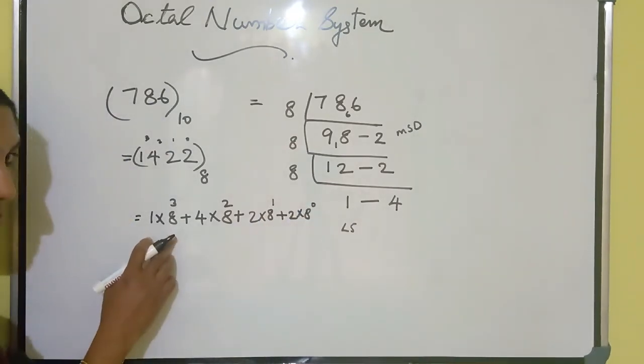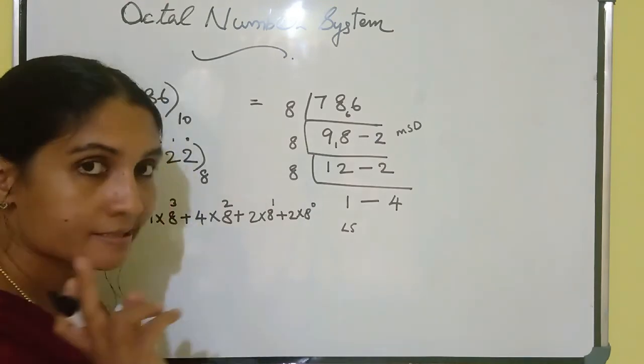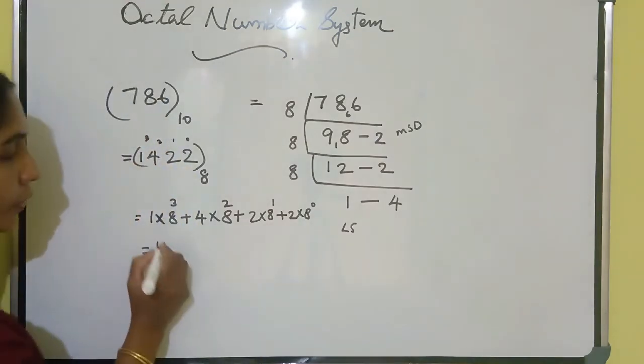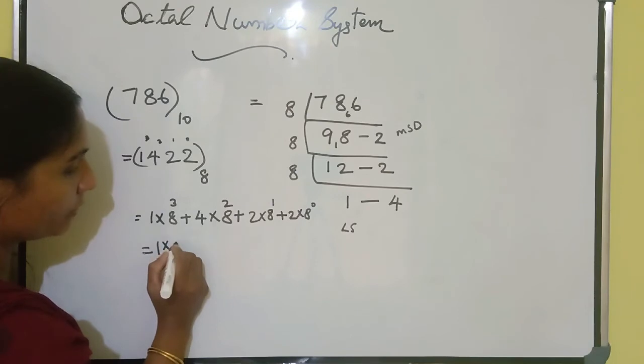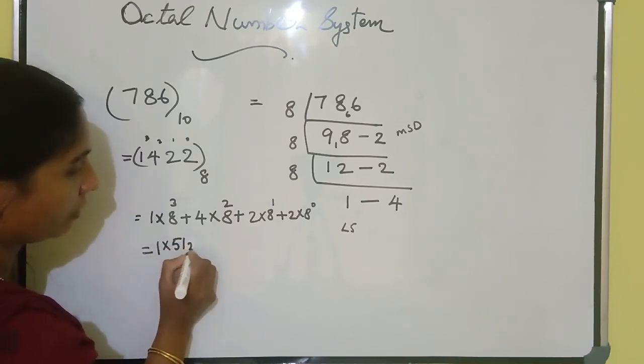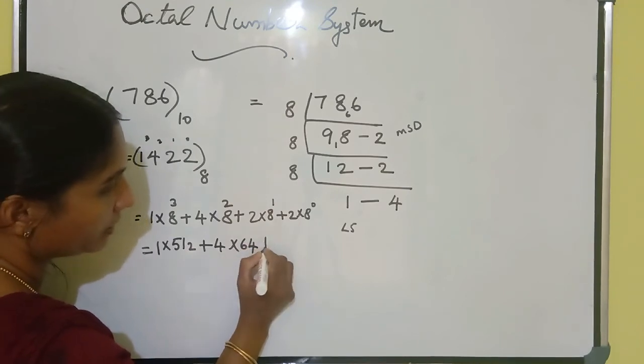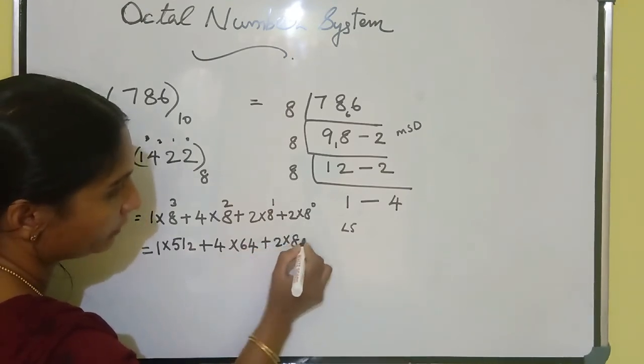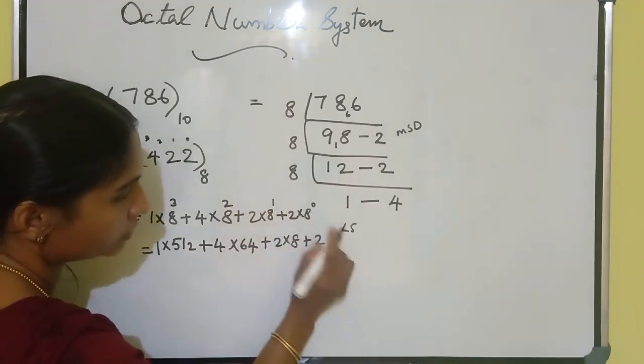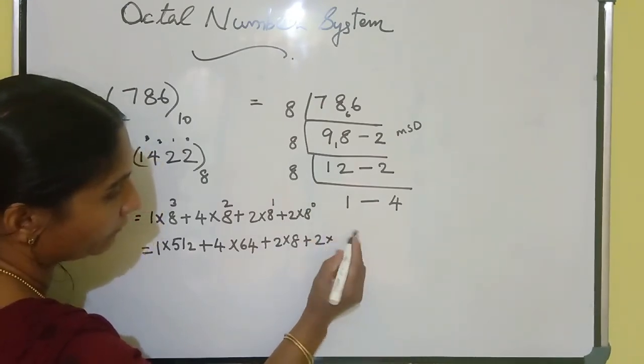Why did we take this 8 here? Do you know? Because 8 is the base of this number. 2 into 8 raised to 0 means you will get 1.